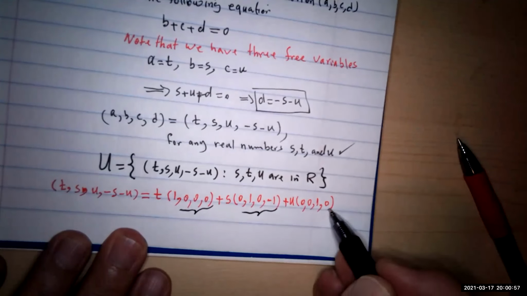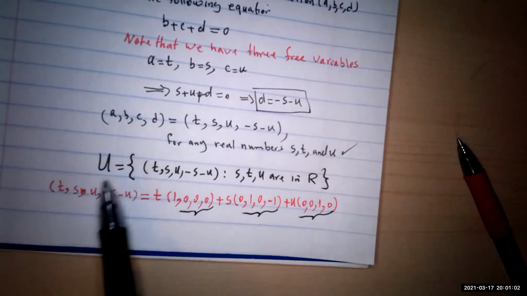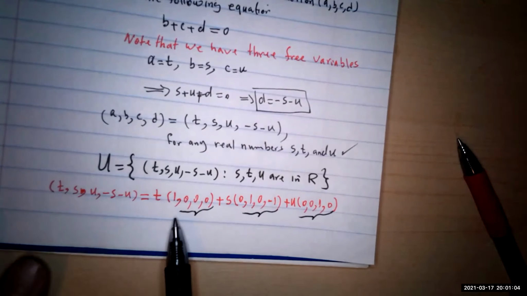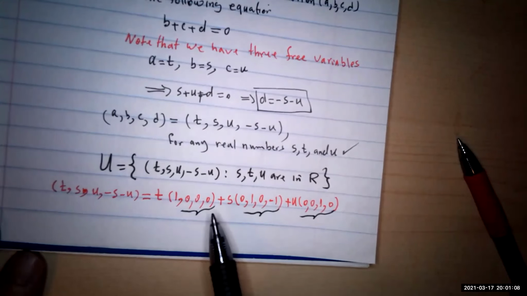2, 3. Any member of your set you can write as a linear combination of these three vectors. This is a spanning subspace, remember? So this is going to be linearly independent.